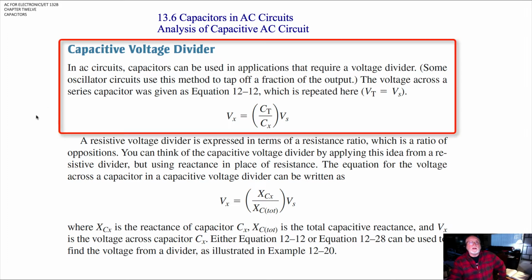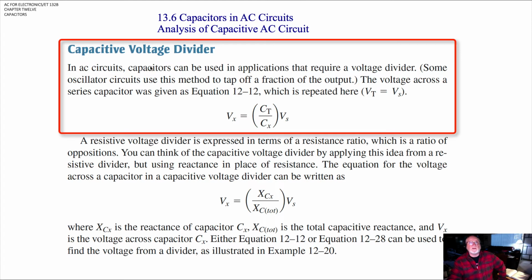You'll recall, again, from your ET131 course, using voltage dividers where we had resistive circuits. Well, we can do the same thing with capacitive voltage dividers, where we determine what a voltage drop is, or where we can do a pickup voltage on a small circuit.